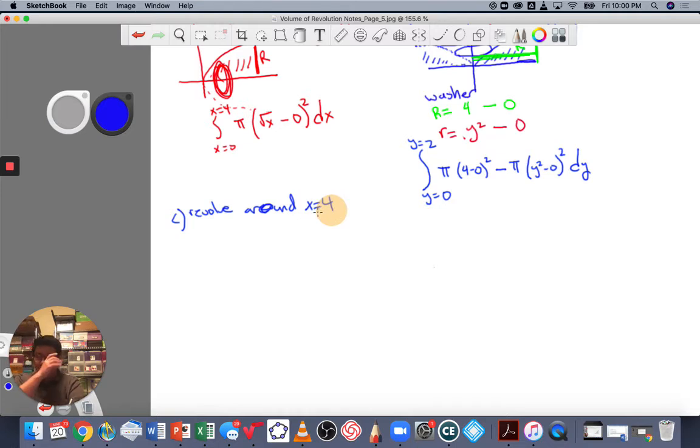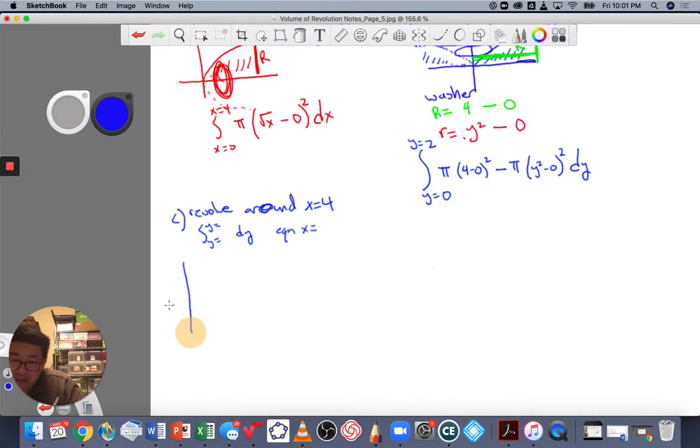Now, x equals 4, great. Whenever you're given this kind of stuff, you know your axis is x equals 4. That gives you a clue as to what type of integral we're going to be doing, because x equals 4 is my equation, my integral is going to be dy, and my equations obviously are going to be x equals. Okay? All right, so let's actually draw a picture of what this thing would look like.